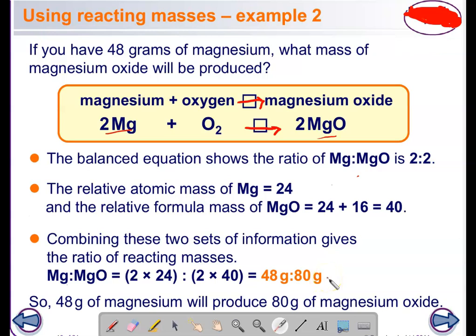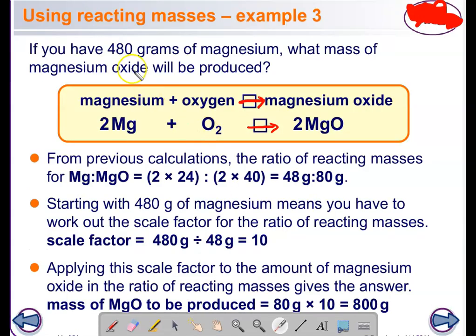What this means is that if you have 48 grams of magnesium, you will get 80 grams of magnesium oxide. Therefore, in this question, we've been given 480 grams of magnesium. What mass of magnesium oxide will be produced?